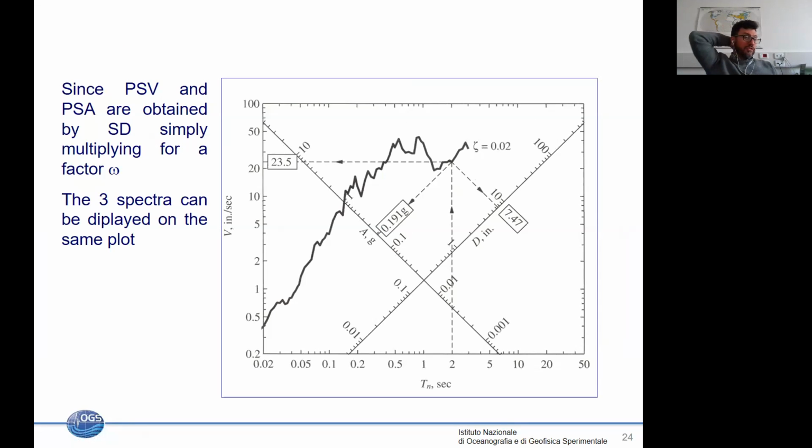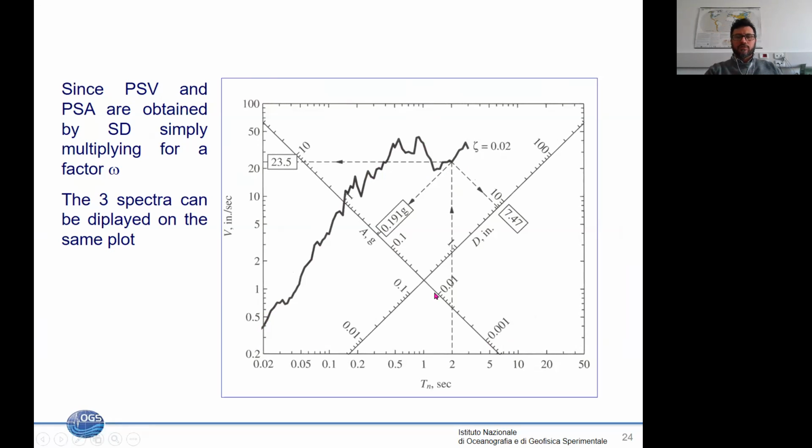You can also have a very simple representation in the same graph. This is what engineers like a lot because it's easy to read. You can report the same spectrum. Here you have the period. If you read it in this direction, you will have immediately the spectrum as a function of velocity.